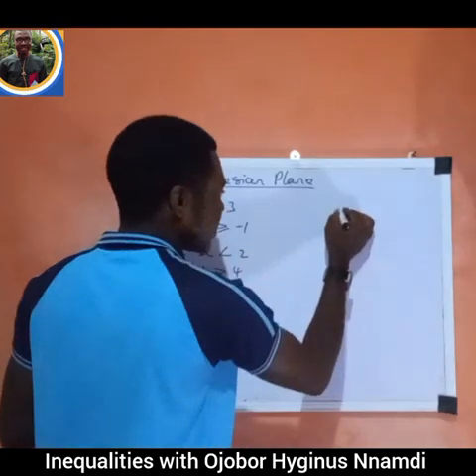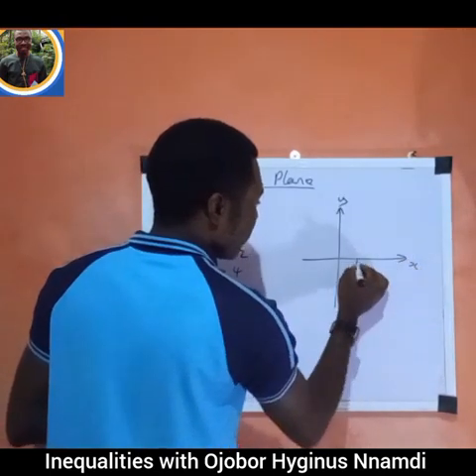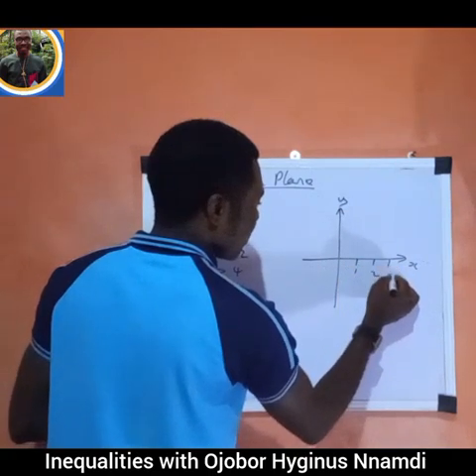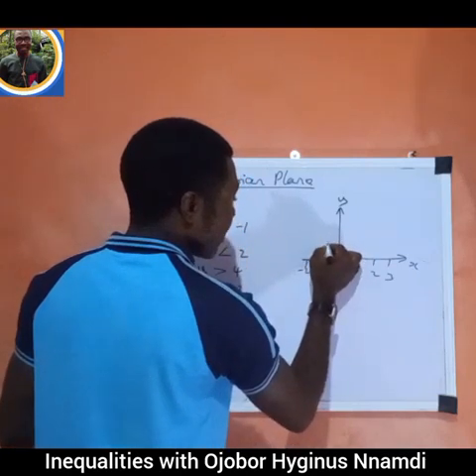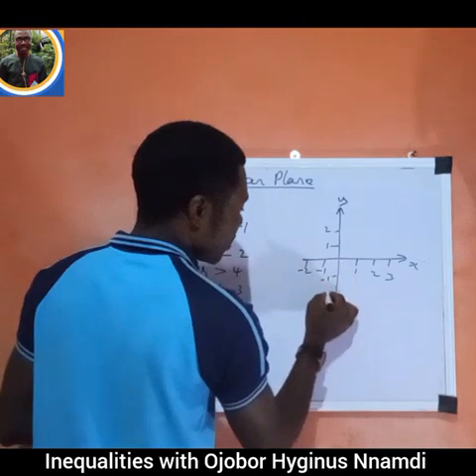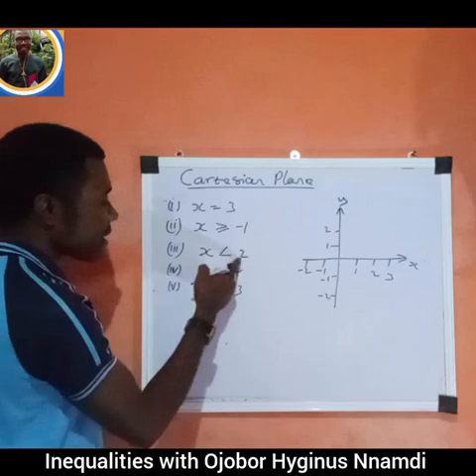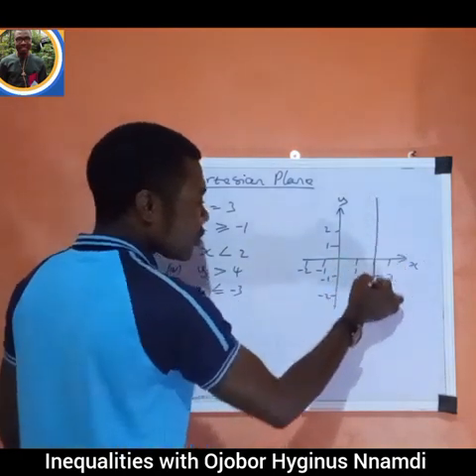So let's see that. We have y here, we have x here, we have 1, we have 2, probably 3, maybe minus 1, minus 2. You can write as much as you need. So we have x is less than 2. So we go to 2 and draw a line on 2.